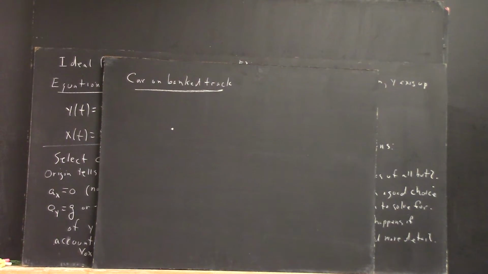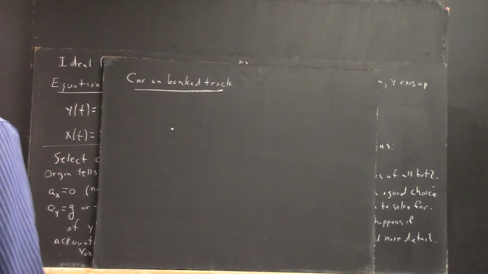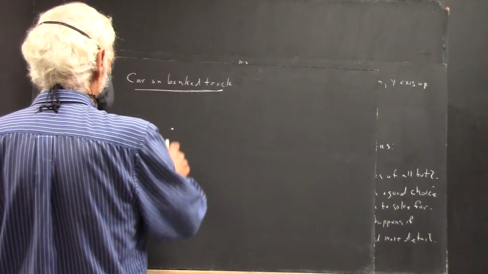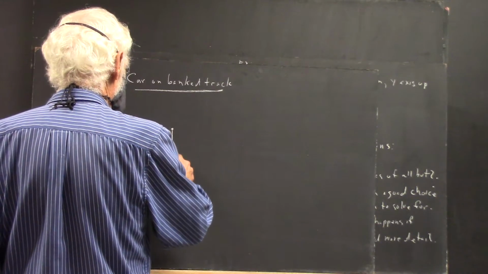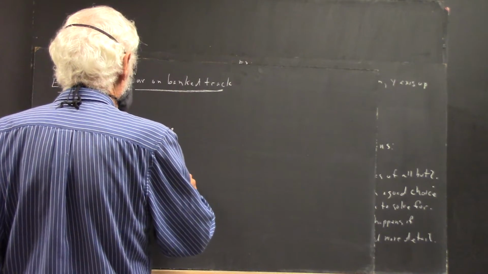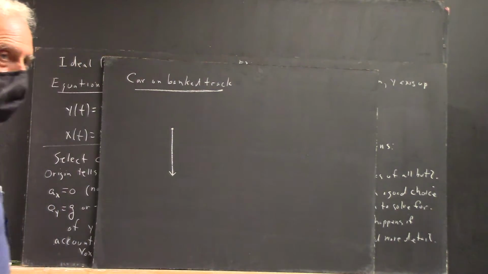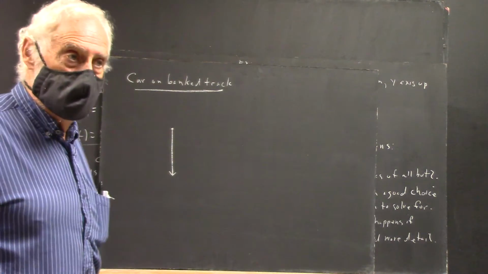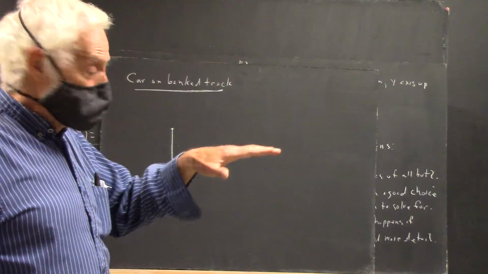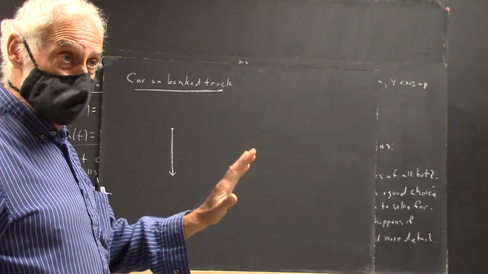Okay, if you've got a car on a banked track, then the first thing you know is that gravity acts straight down. The next thing you know is that the normal force is perpendicular to the track. The track is banked either this way or this way.